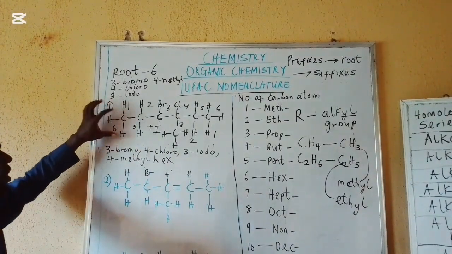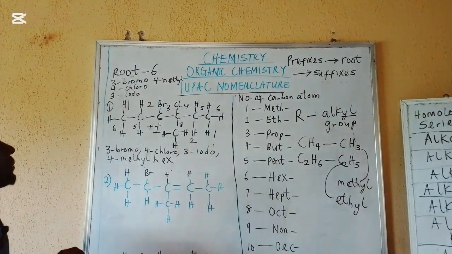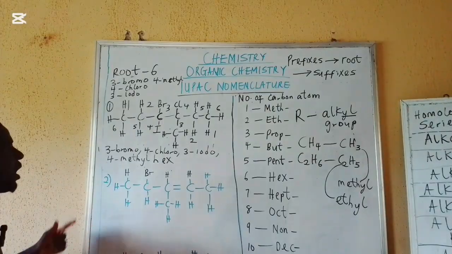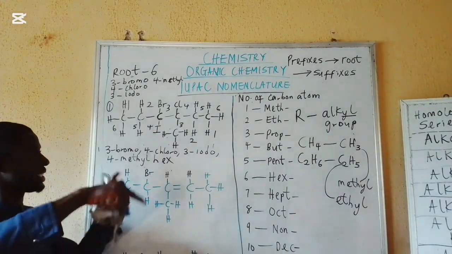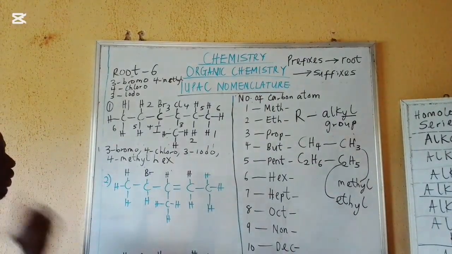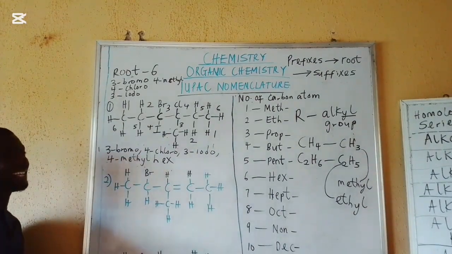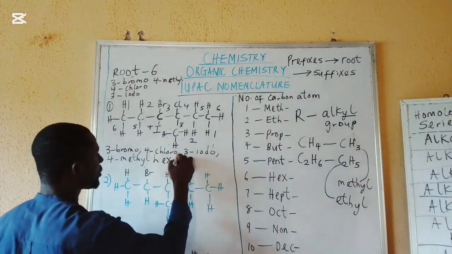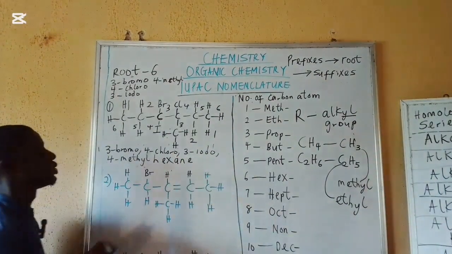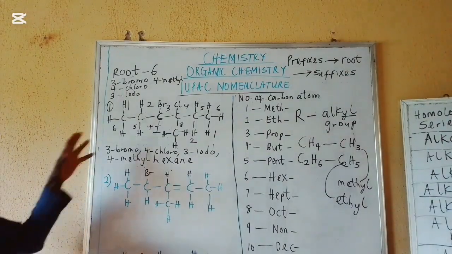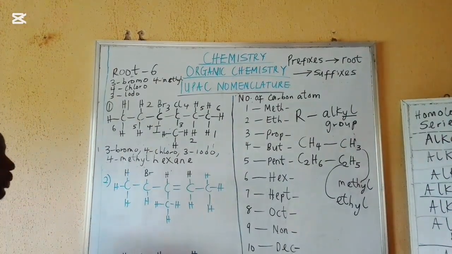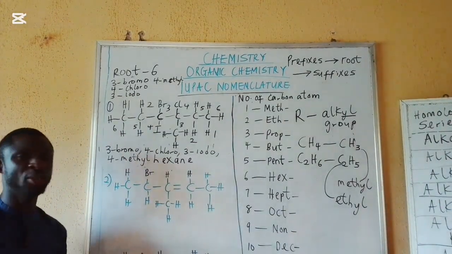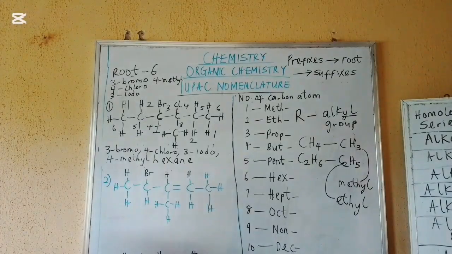The homologous series of this organic compound is alkane, because this is a hydrocarbon, and the carbon is joined with itself with a single bond. So it's alkane, and the suffix for alkane is ane. So we add our suffix ane. The correct name of this organic compound is 3 bromo, 4 chloro, 3 iodo, 4 methyl hexane.